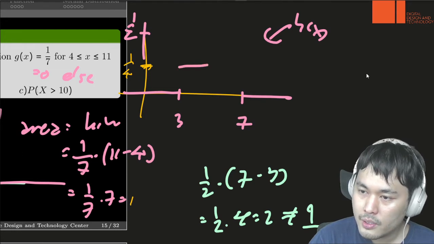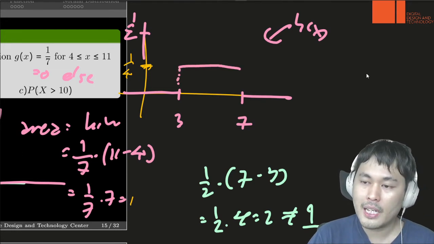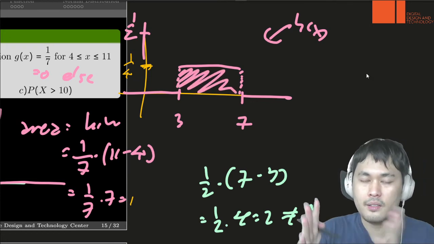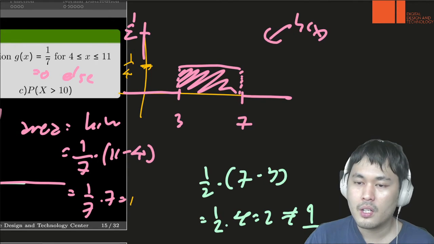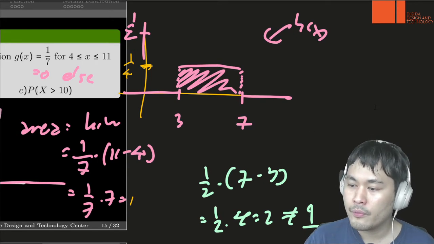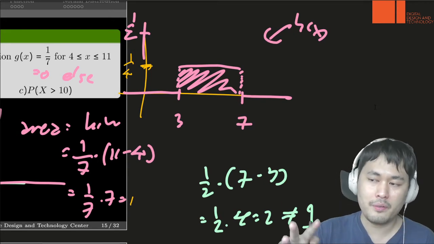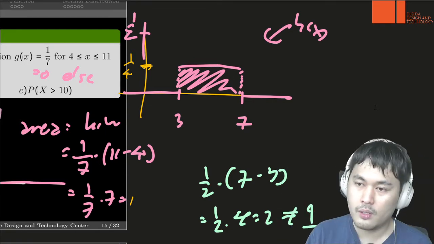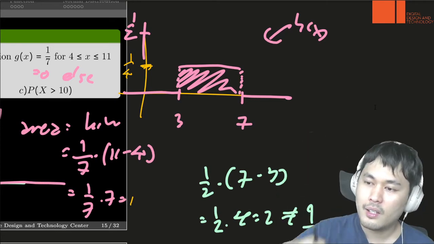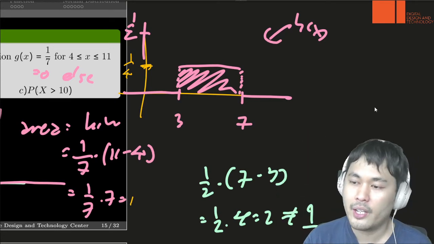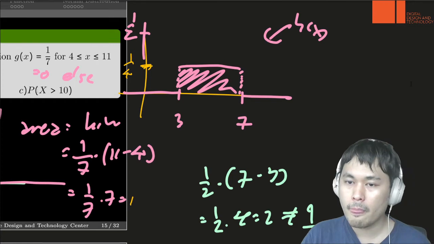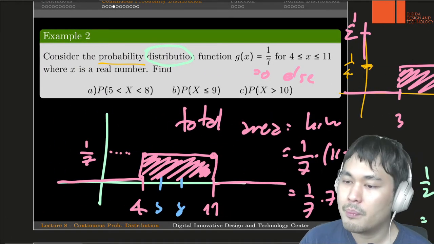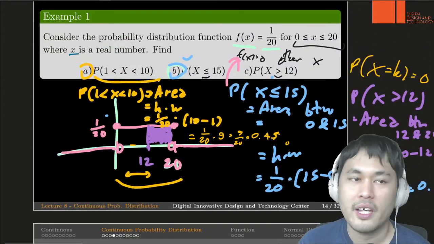Now the total area of this rectangle is 1, and that's going to make sense when you compute all the other values. If it's not 1 and we still want the same shape, the same behavior, then we just lower it or make it higher to make sure that the area is now 1. So that's half of example 2. You can look at the slide to see the complete math, but that's going to be the same as before.